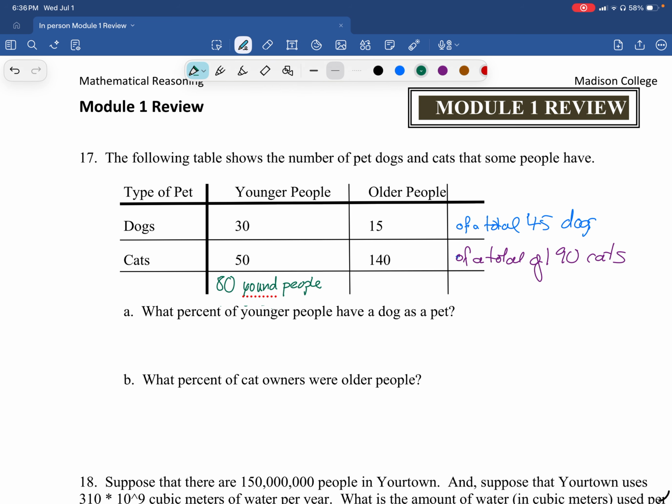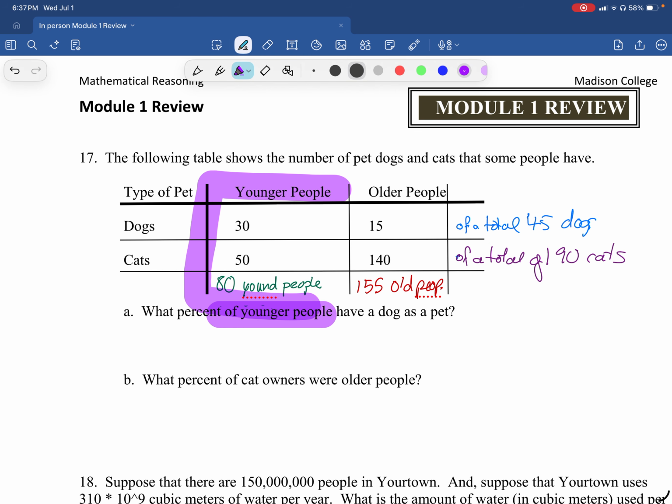And then older people, we have 155 older people. All right, so we have all our little subtotals. And then we have to interpret the question. What percent of younger people have dogs as a pet? So that means we want just this bit of data here of younger people who have dogs.